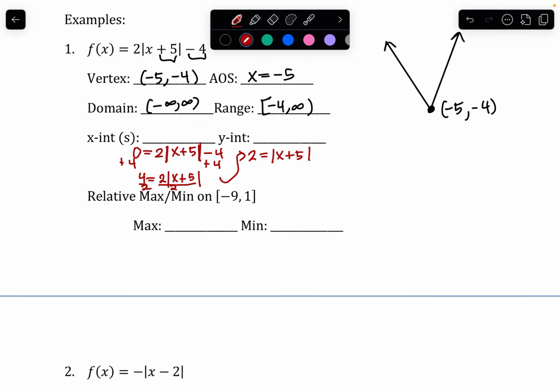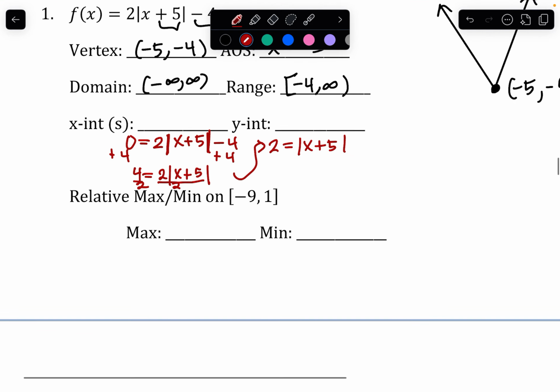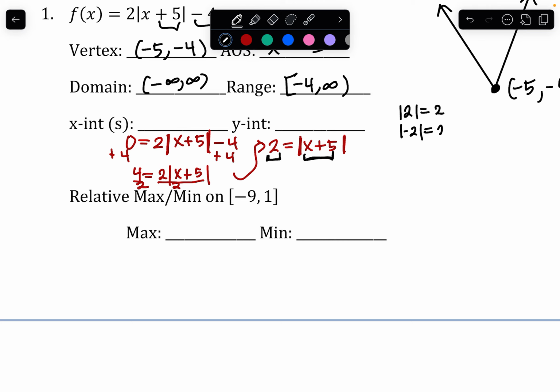Now we're going to talk about this more in the next unit, but to solve an absolute value equation, you have to set the argument of the absolute value equal to the positive and negative output, because we talked about how the absolute value of 2 gives us 2, and the absolute value of negative 2 would also give us a 2.